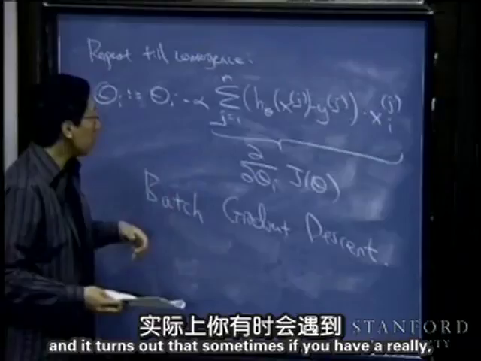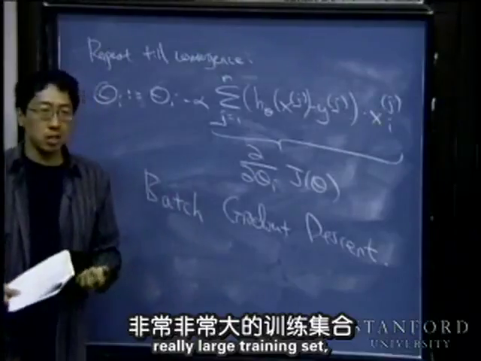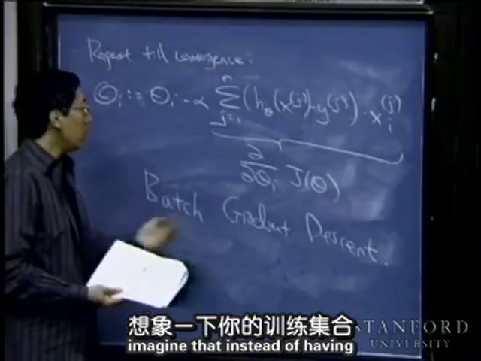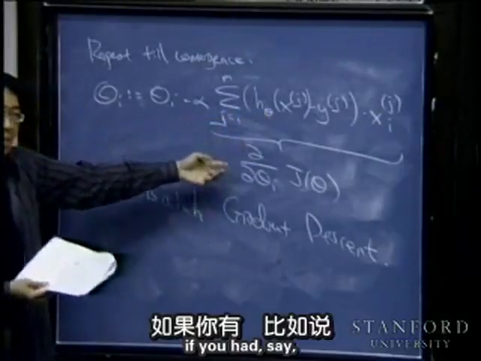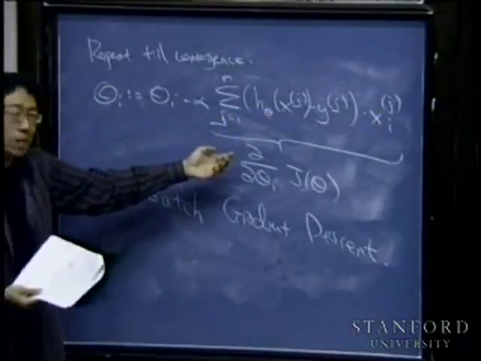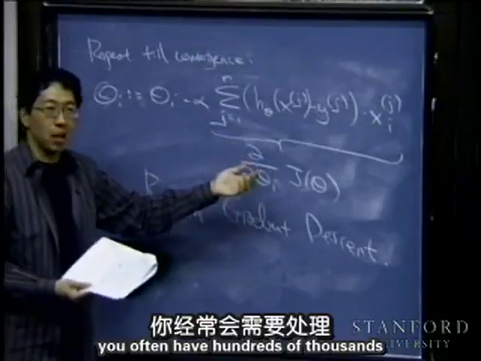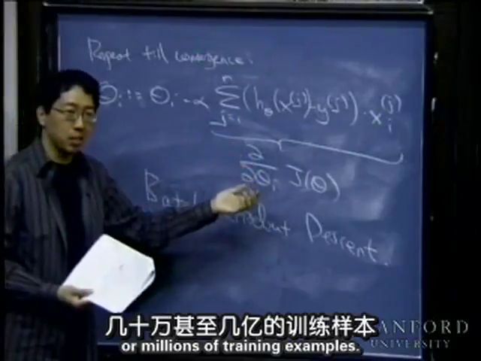Sometimes if you have a really, really large training set, so imagine that instead of having 47 houses from Portland, Oregon in a training set, you had, say, the US Census database. With US Census size databases, you can often have hundreds of thousands or millions of training examples.